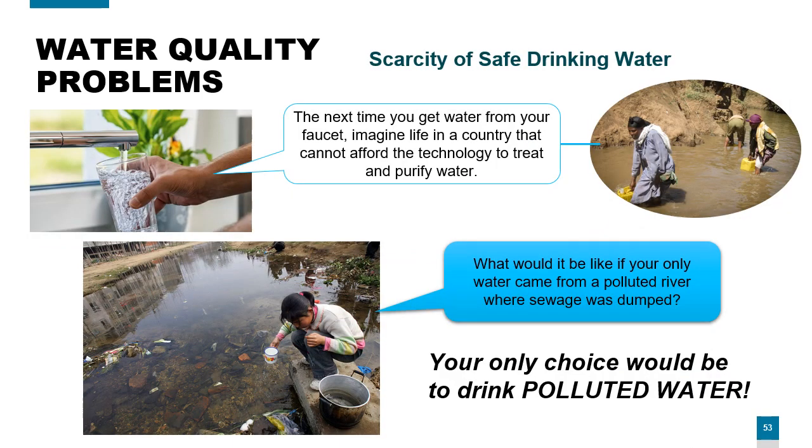So, we have here water quality problems. First is the scarcity of drinking safe water. Sa ibang bansa, actually, wala silang masyadong technology in order to filtrate or purify waters. Like for example, sa Africa, take a look at that. Kung ano lang yung present sa kanilang river, hindi na nila yun pinapurify, hindi nila yung finifilter, wherein iniinom na lang nila yon without knowing na meron pala siyang mga contaminants and other microorganisms na present there.